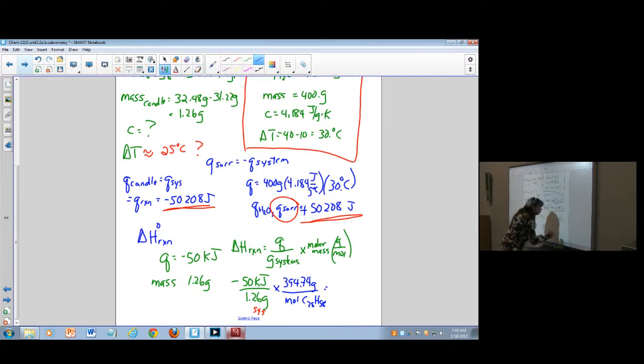It's going to be equal to 15,279 kilojoules per mole. Now, did I do that right? No, I did not do this right. Why not? Because I didn't bring my negative sign with me.